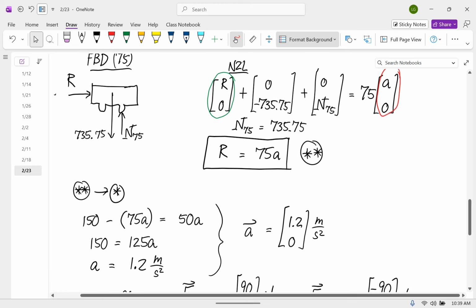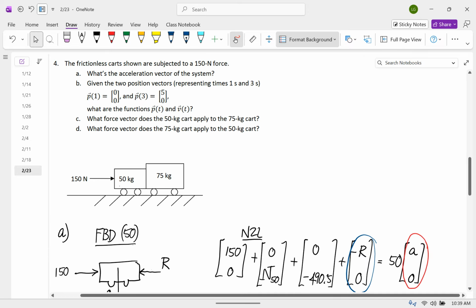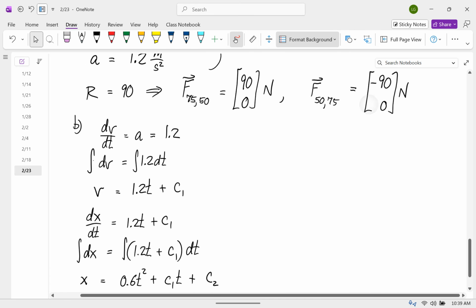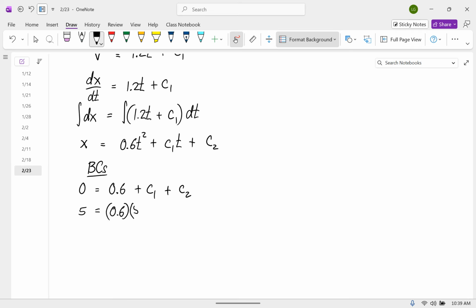And then the second boundary condition says when time is equal to 3 seconds, the position is 5. So 5 is equal to 0.6 times 5 squared plus 5c1 plus c2.